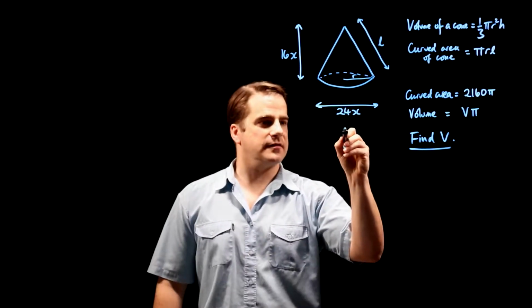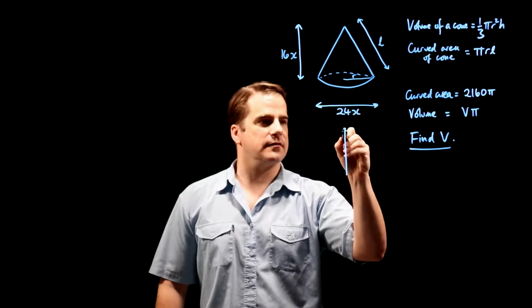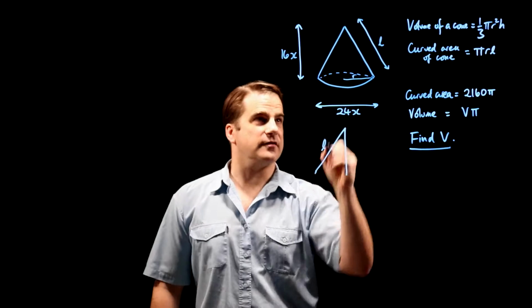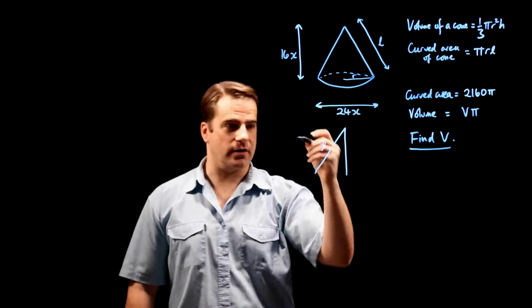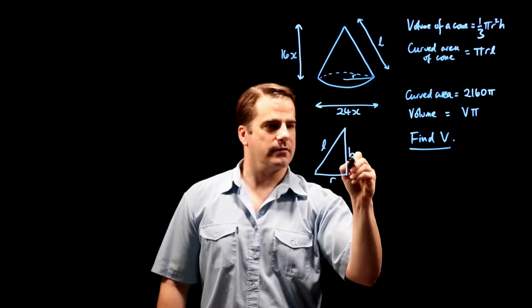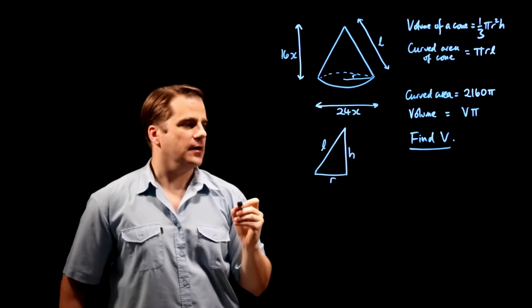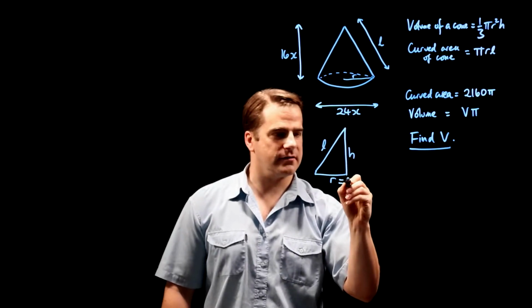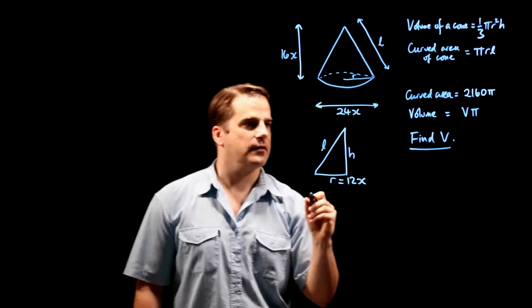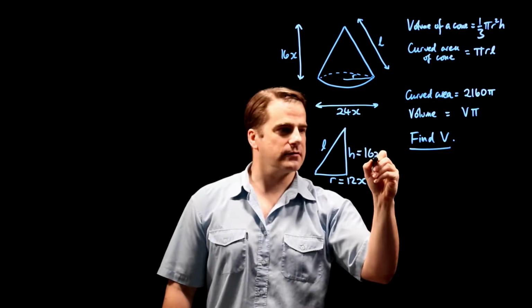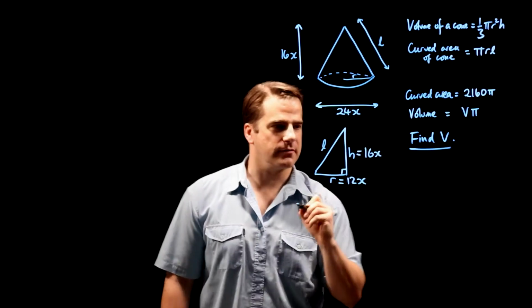Because this is the situation, that's the height, that's L. This is just taking a cross section of the cone, and that's the radius. Now the diameter is 24x, so the radius is 12x, and the height is 16x, and that's a right angle.